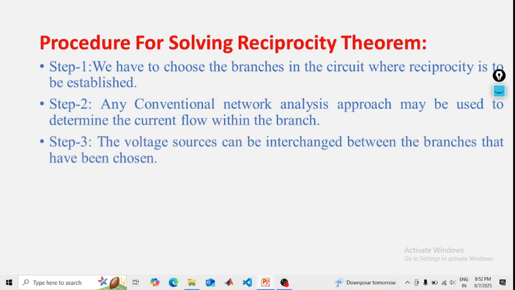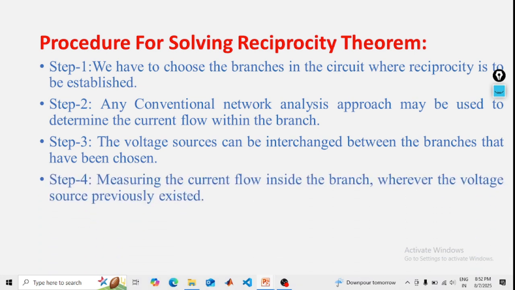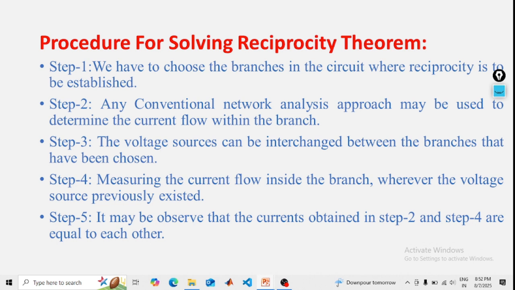Step 3: the voltage source is interchanged between the chosen branches. Step 4: measure the current flowing in the branch where the voltage source previously existed. It may be observed that the currents obtained in step 2 and step 4 are equal to each other, so we can say the reciprocity theorem is proved.